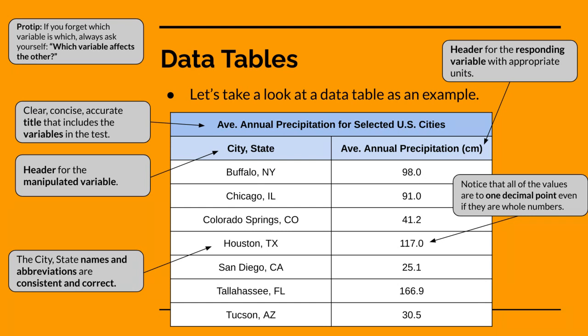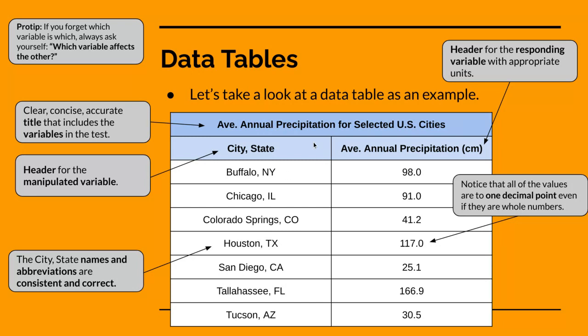So when you're making your data table and you forgot, even though this is like step number 1, which one is your manipulated variable, which one is your responding variable. Ask yourself, which variable affects the other? Okay.